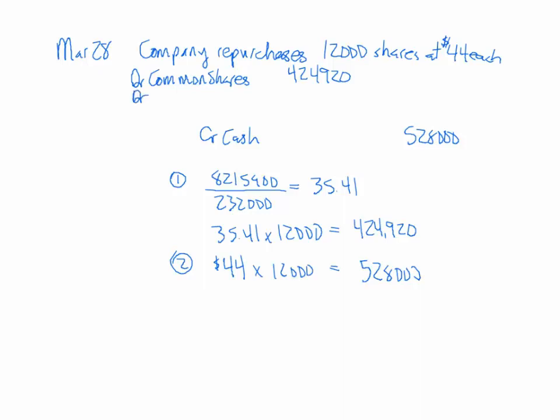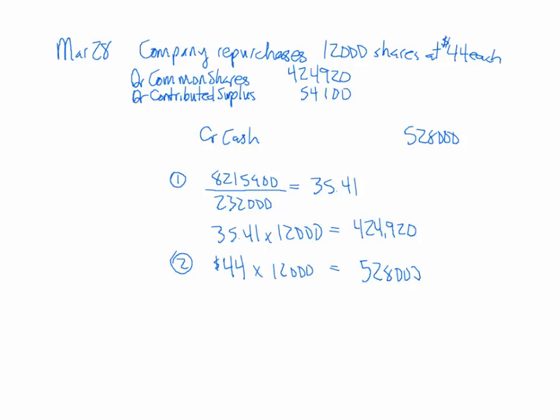The answer is, we get it from two places. The first thing we have to do is empty out the contributed surplus account, if there is a contributed surplus. We have to empty out the contributed surplus account first. That was 54,100.